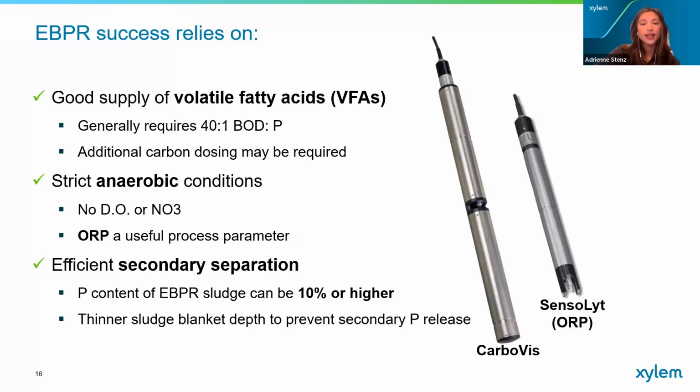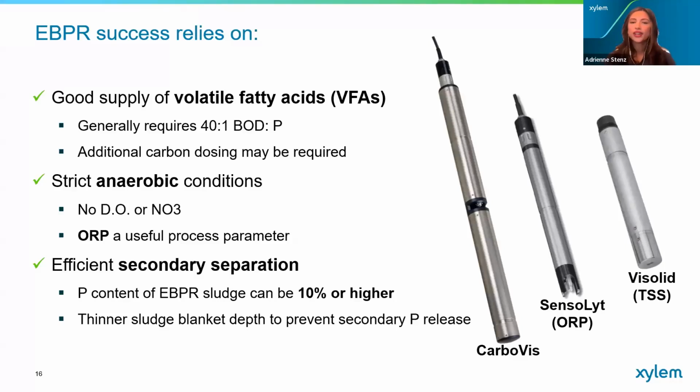The phosphorus content of EBPR sludge can be 10% by mass or higher. So continuous monitoring of effluent TSS from secondary clarifiers can provide an early indication of upsets and provide a signal to start polymer addition, for example.